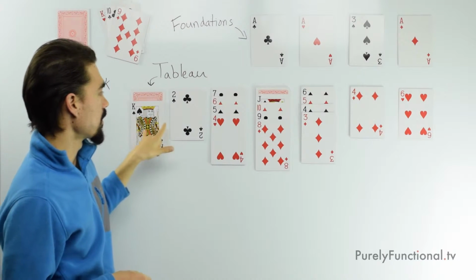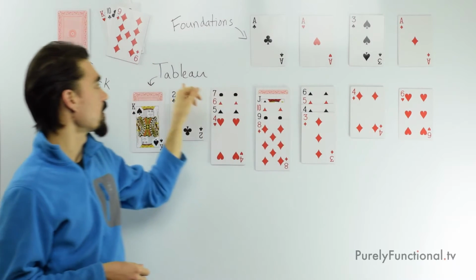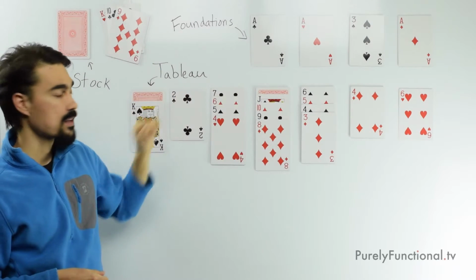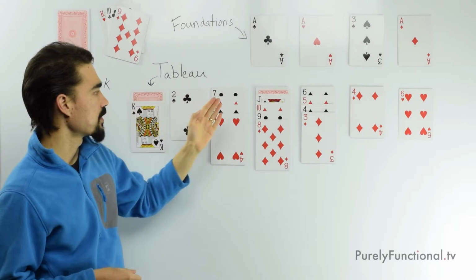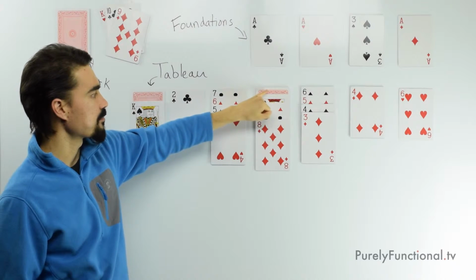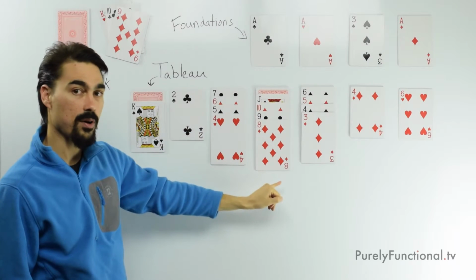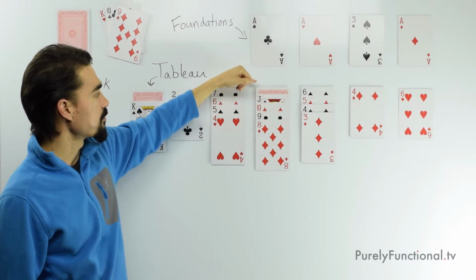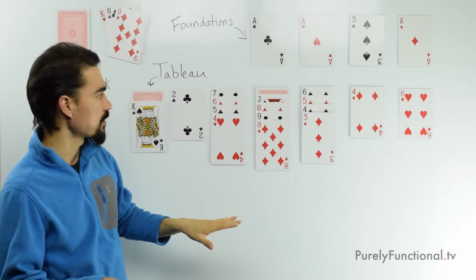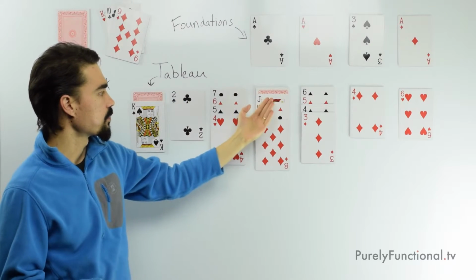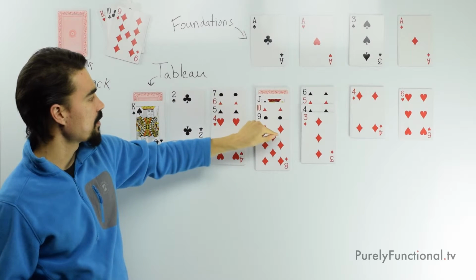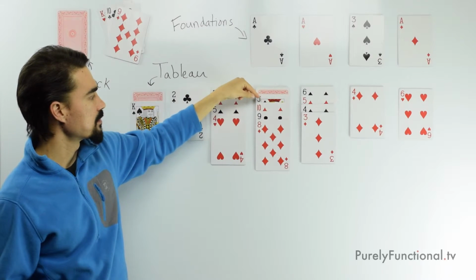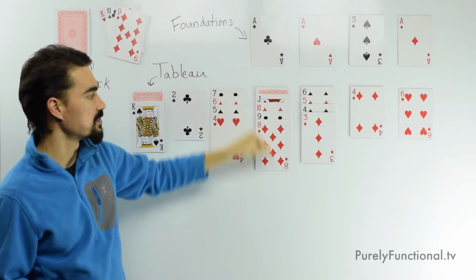The stacks down below are called the Tableau, and there are 7 of them. They have an interesting property. They have both a face down and a face up part. The face down part is how it starts, and there's 1 face up, and you can build on the Tableau by alternating colors, but you go down in value.